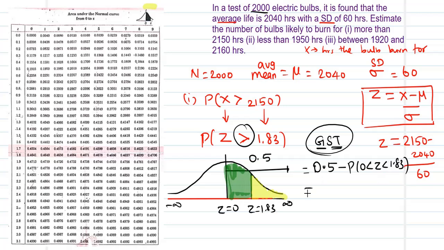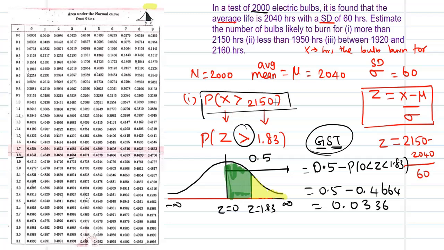Now where is my 1.83 in the table? 1.8, you look vertically, and 3 over here horizontally. So the table value is 0.4664. When you subtract it, this gives you 0.0336. Now this is the probability that one bulb will glow for more than 2150 hours.